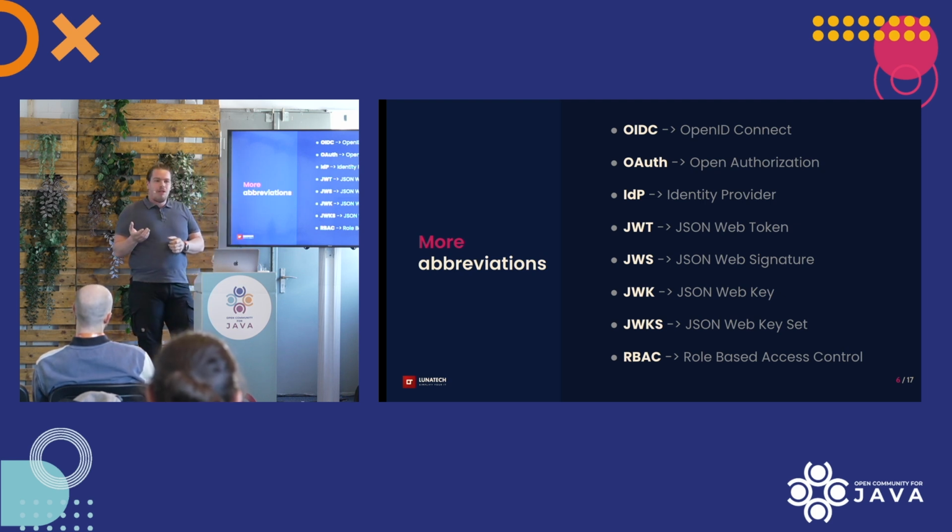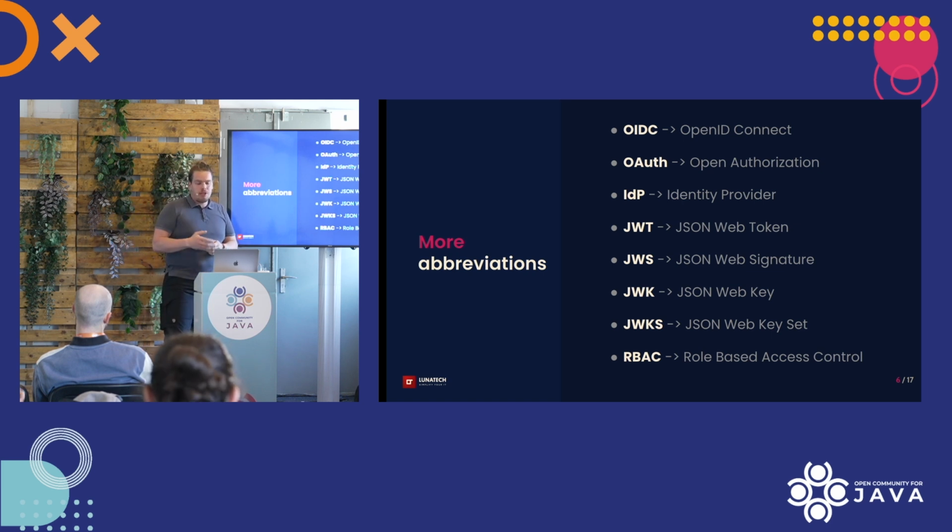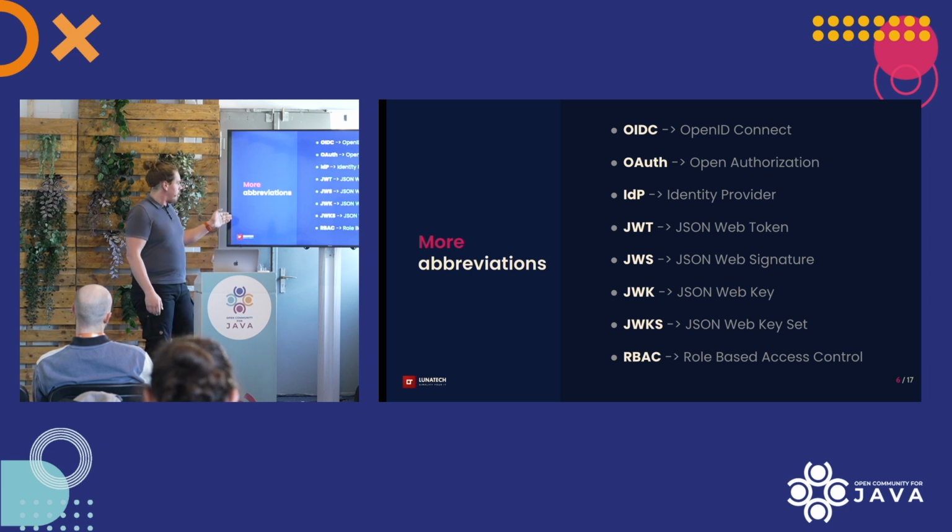So the tokens are in JSON format. Then those tokens have a signature, the JSON Web Signature. And to sign your tokens to get that signature, you have a JSON Web Key. And normally you have multiple keys, so you have the JSON Web Key Set. And then the other one, RBAC, we already discussed, the role-based access control.